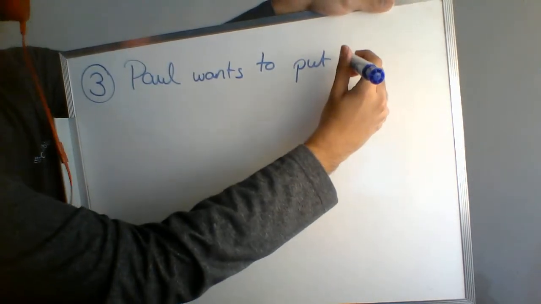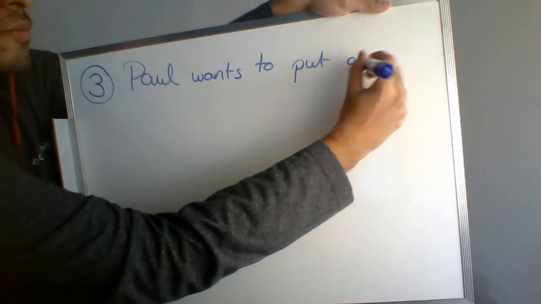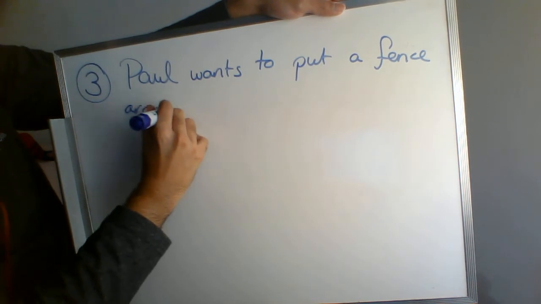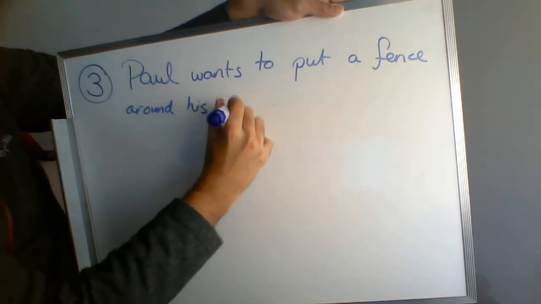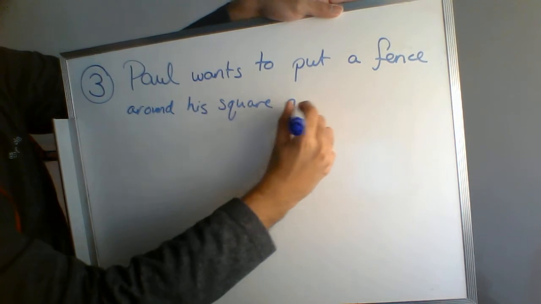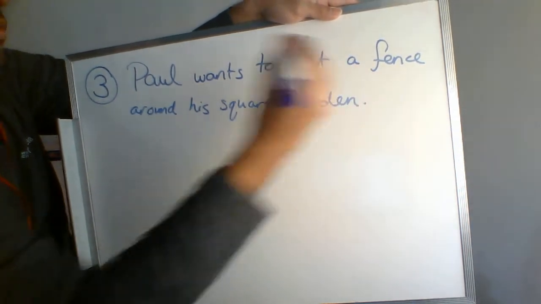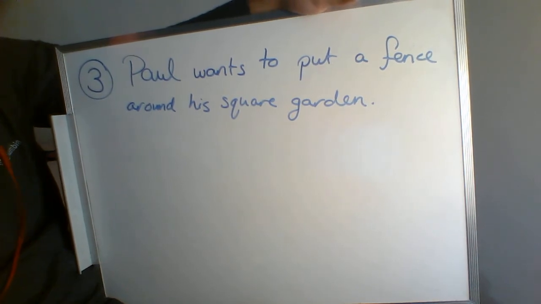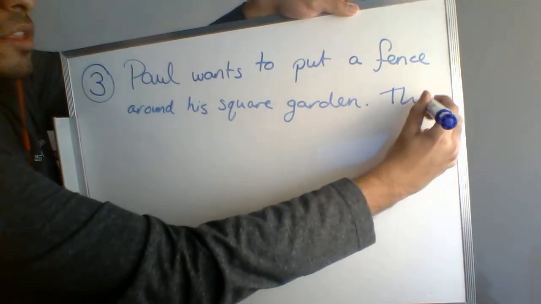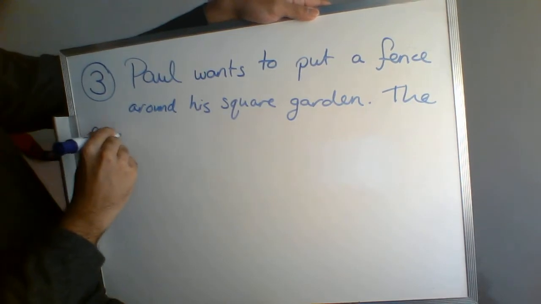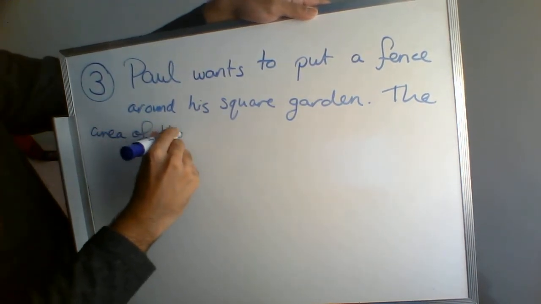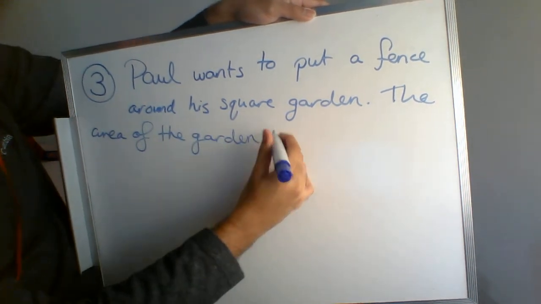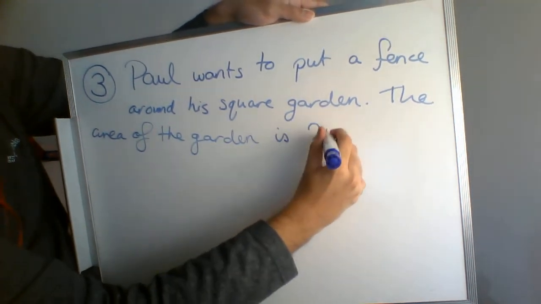So, Paul wants to put a fence around his square garden. The area of the garden is 25 square meters.